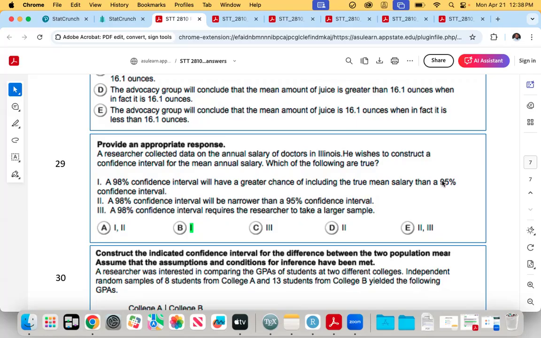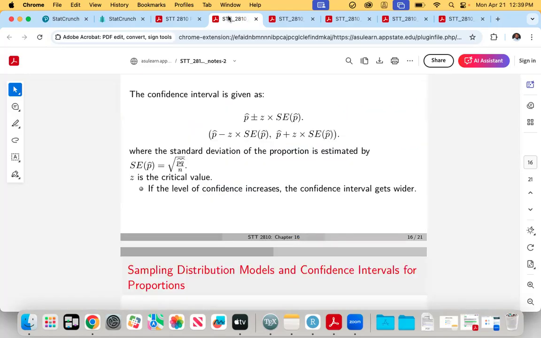So the wider the confidence interval, the higher the chance of it including the true mean. Is that okay? Let's get to II. A 98% confidence interval will be narrower than this. No. A 98% confidence interval will be wider, not narrower. Is that okay? Based on this information we learned here.